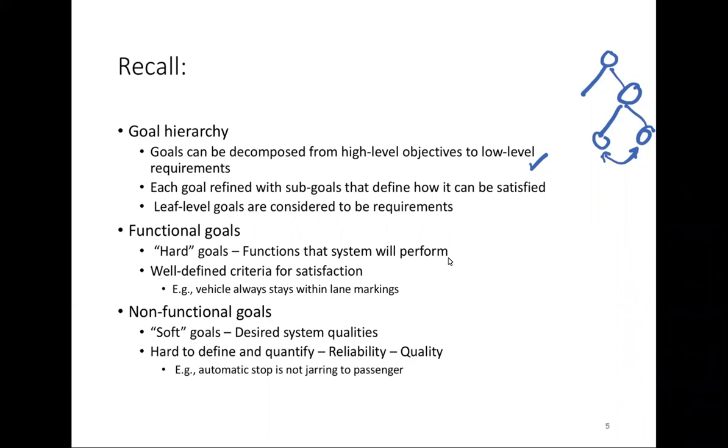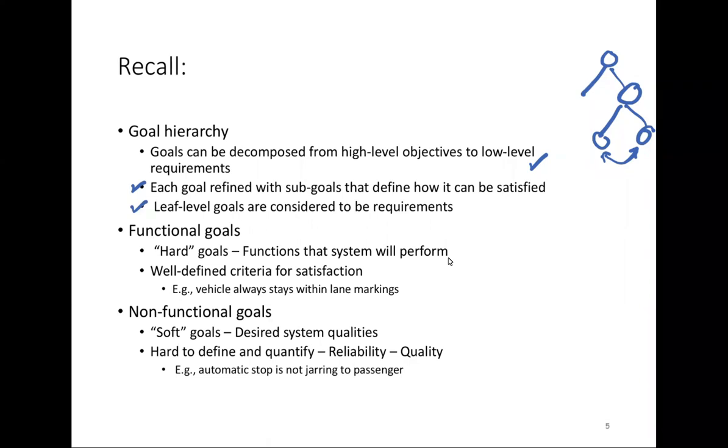Each goal will be refined with sub-goals that define how it can be satisfied, so that the level of satisfaction of each goal depends on the level of satisfaction of each sub-goal. The leaf-level goals are considered to be requirements, so we look at them as the low-level goals.